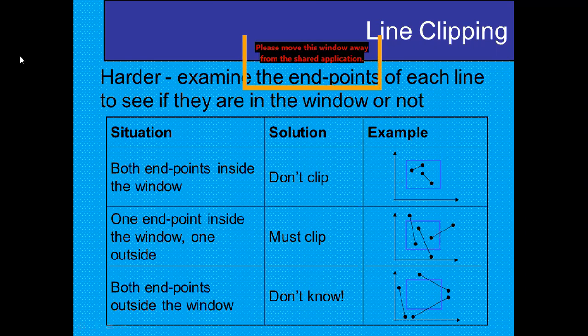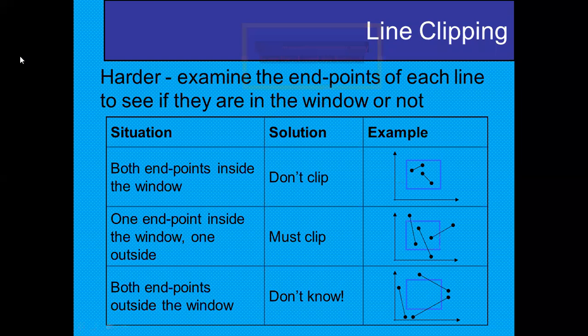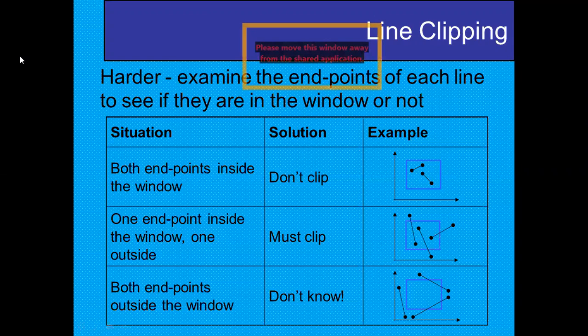If any line segment is intersecting the window, then we can say there is a need to clip the portion which is lying outside or passing through the window edge.